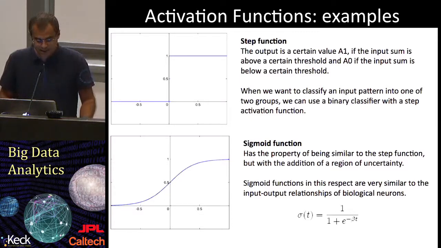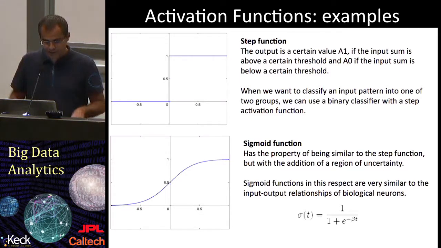In this slide, there are 2 examples of activation functions: step function and sigmoid. Now, say we want to have a crisp classification for a 2-class problem. In this case, we may use a binary classifier with just a step activation function.